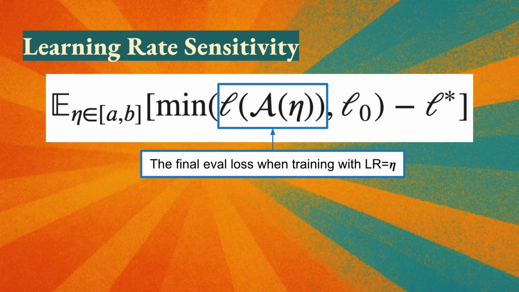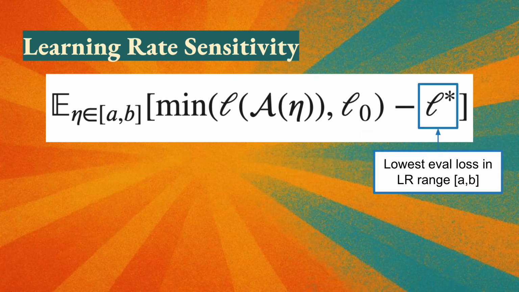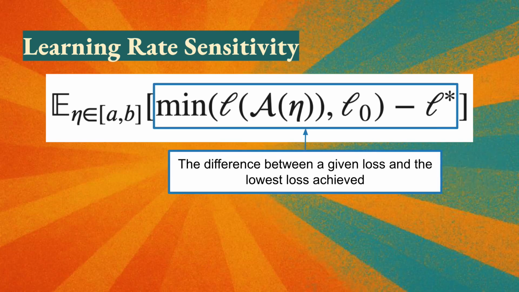So if we look at the learning rate sensitivity formula, L is the final eval loss when you train with a particular learning rate eta. L naught is the loss at initialization, and so we're taking the minimum of L or L naught, and L star is the lowest possible eval loss when training across this LR range from A to B. The main idea here is that we're looking at the difference between a given loss and the lowest loss achieved, and we're trying to minimize that distance.